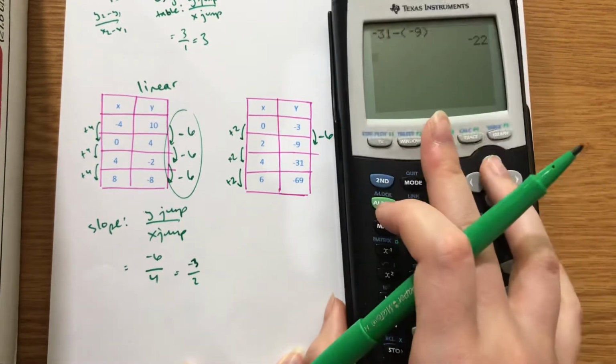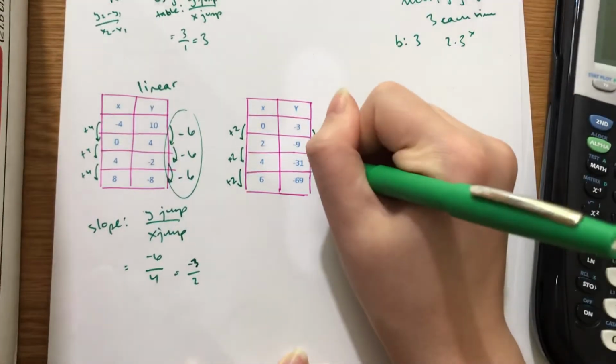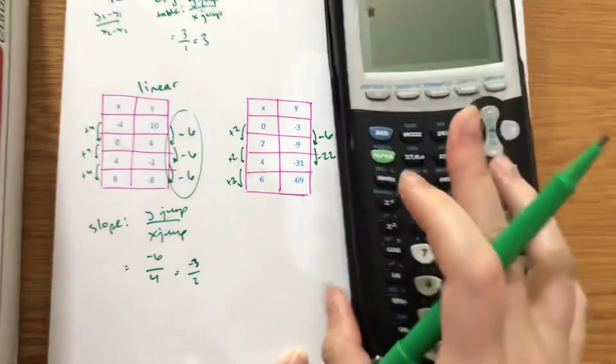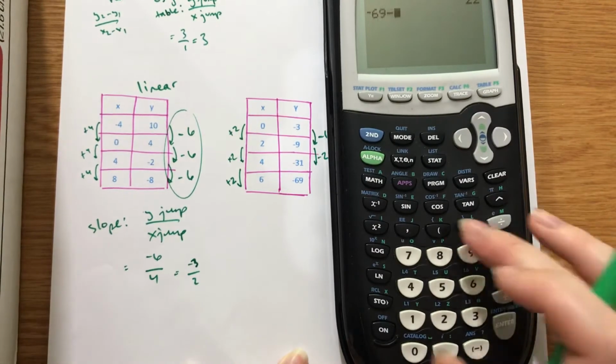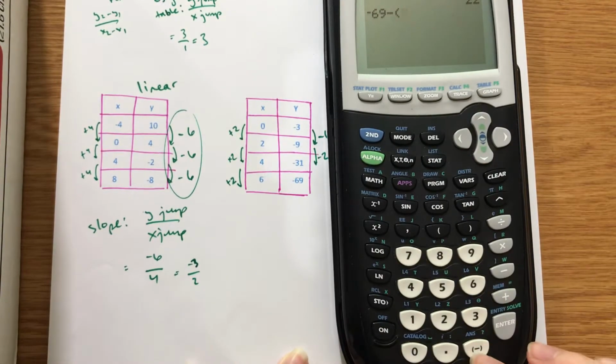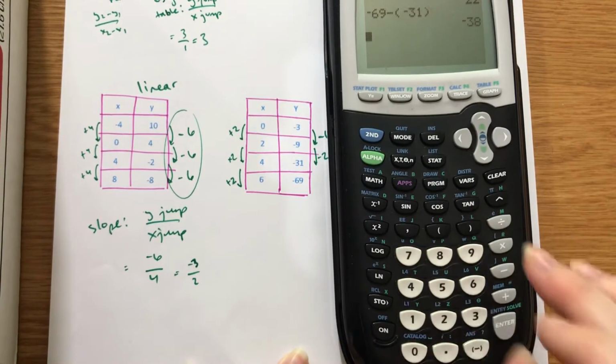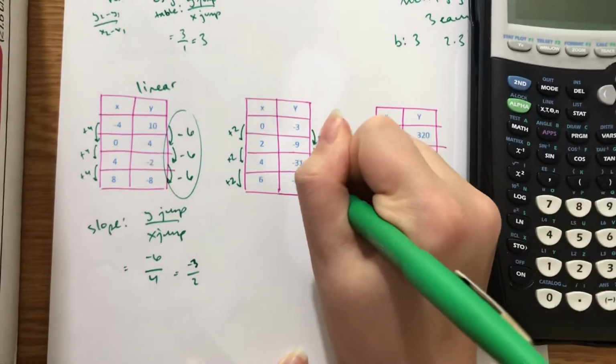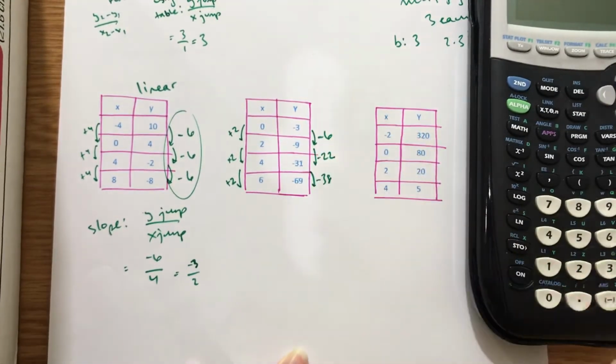So we subtracted 22. So this is -22. And then -69 minus -31 is -38. So the first set of jumps is not consistent.